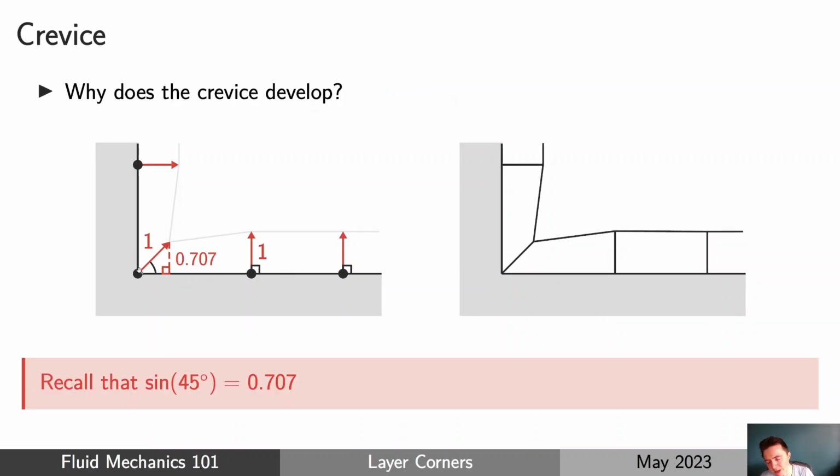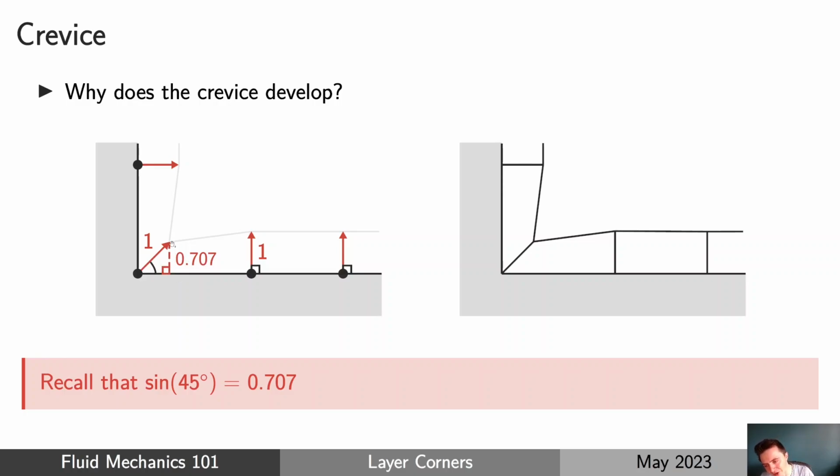Well, if we think about this vector here, it's the distance that we care about. It's how far are we moving the node in the direction of the node vector. And of course, if we're at 90 degrees, that distance is going to be 1. But for the corner, we're moving a distance of 1. And so actually the height of the layer is going to be sine of 45 degrees in this case, which is 0.707.